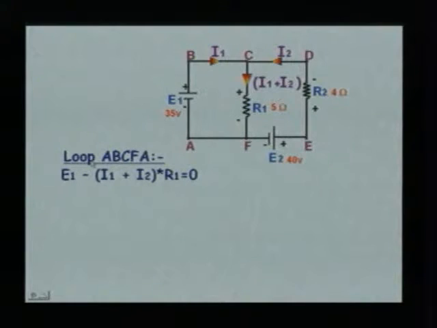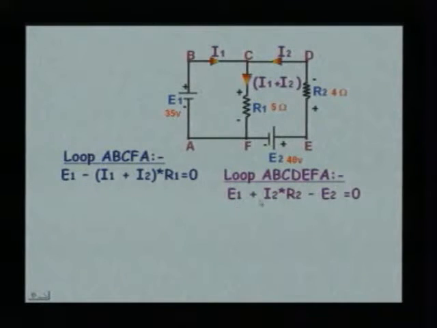We have seen the loop equation ABCFA, which is E1 minus (I1 plus I2) into R1 equal to 0, as well as the loop equation ABCDEFA to be E1 plus I2 R2 minus E2 is equal to 0.